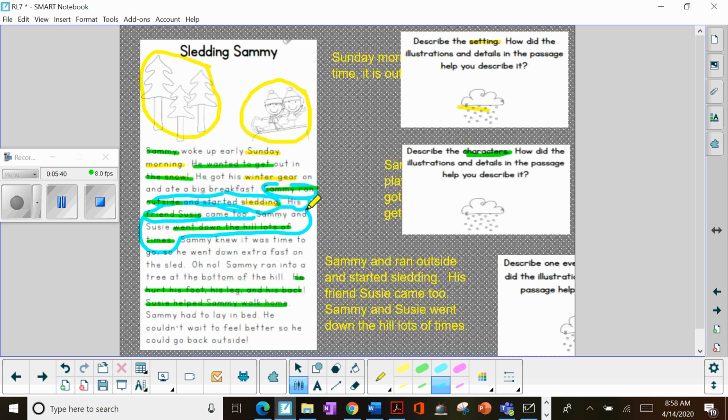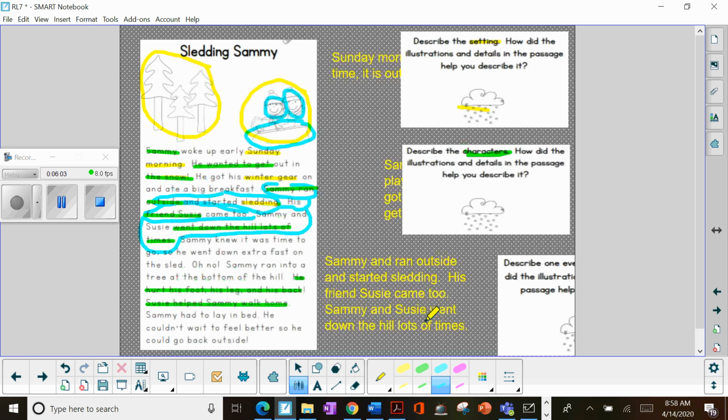Okay, so this event is described here in the text, but also I can tell by the smiles on their faces and the fact that both of them are on this sled, that they probably went down lots of times because you usually do that if you're having a good time.